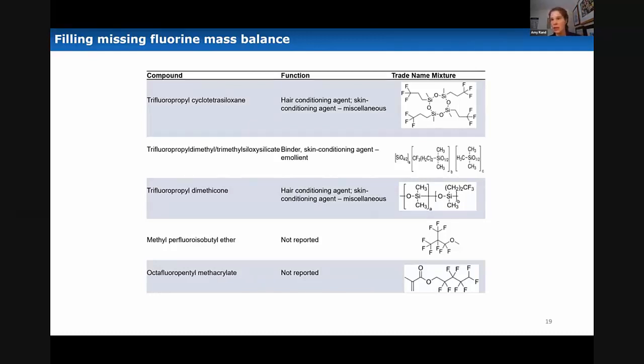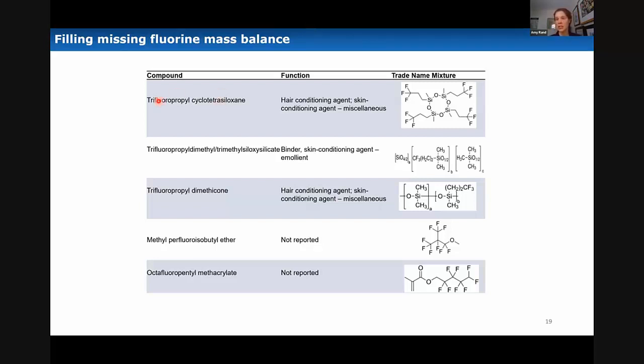There's still a need for it in order to fill missing mass balances, which includes, of course, quantifying for the actual ingredients. We've quantified for PAPs, but as you can see, there's lots of other non-polymeric PFAS that could be quantified as well.